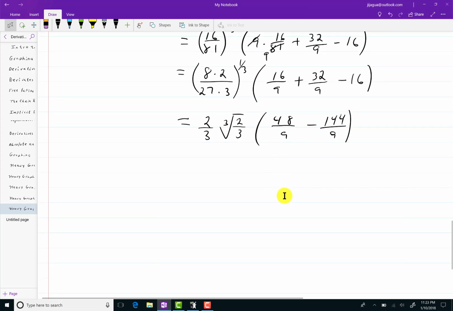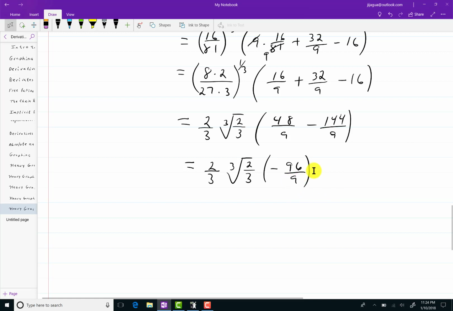So that gives me, it's going to end up being a negative number. I'm going to get negative 94 over 9. So I'll go 2/3 times the cube root of 2/3 times, let me see, 48 take away 144, negative 96. Okay, negative 96 over 9. Well, that's nice. At least a little bit of canceling goes on here.